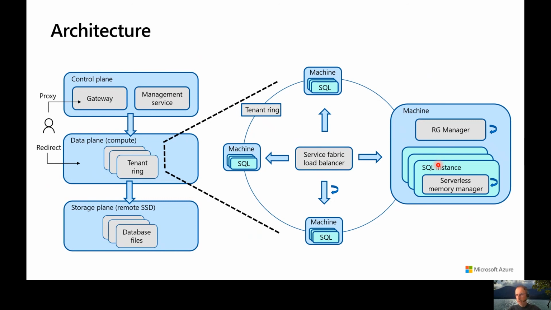to process queries. Now, the machine contains a service called RG Manager, which performs continuous surveillance of machine utilization, as well as utilization from individual databases hosted by the machine. And if it detects any kind of localized bottleneck, then it will attempt to resolve it.